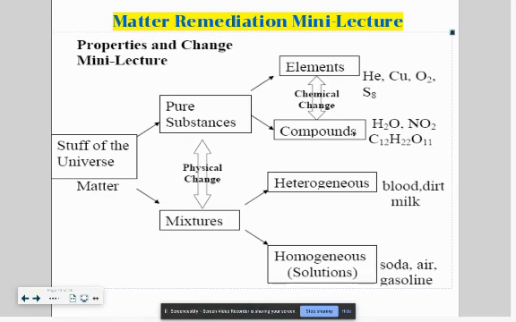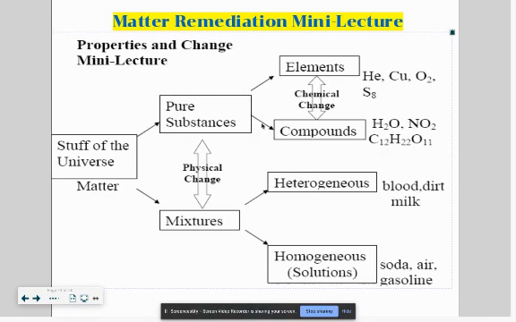For the compound, the simplest unit that still has properties of that compound is the molecule. And this is a sucrose molecule, which is much bigger, but all of those atoms are bonded together, and that molecule is the simplest unit that still has properties of sucrose.